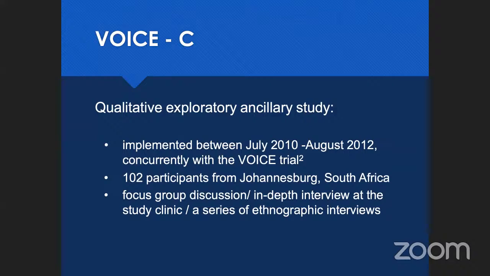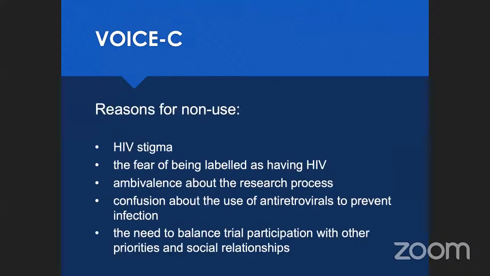Therefore, a qualitative exploratory ancillary study was implemented before the start of the study, in which 100 participants from South Africa took part, included in focus group discussions or in-depth interviews with the study clinic or series of interviews.